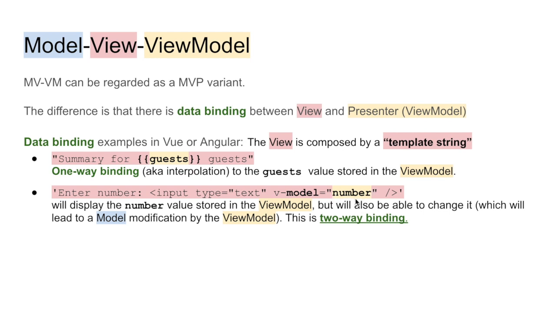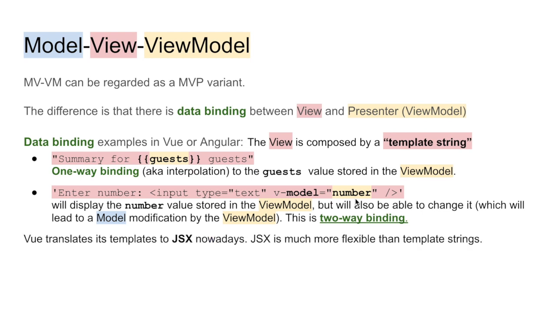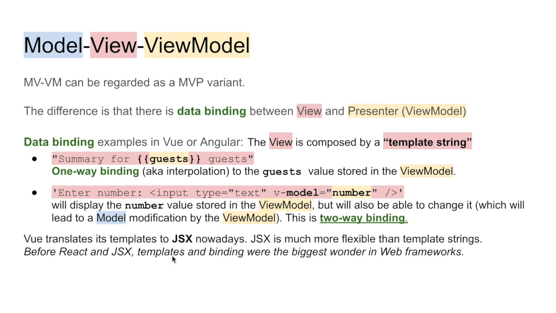So this is called two-way binding, from view to view model and from view model to view. The view technology that we work with in the course is nowadays simply translating these strings into JSX. Templates and data binding were really big in frameworks in the past, like Angular and Vue. And then JSX has basically superseded that because it's much more powerful.